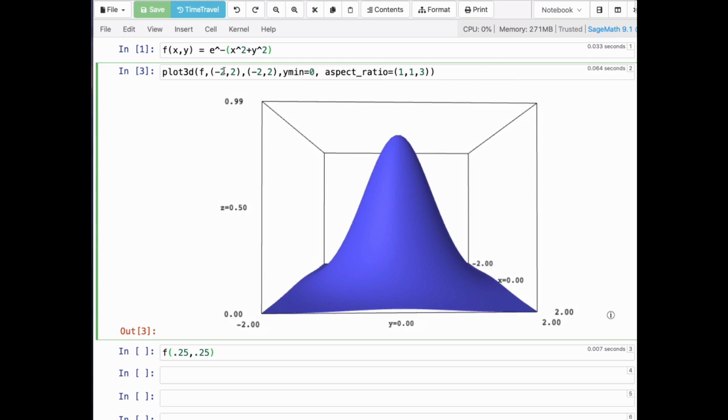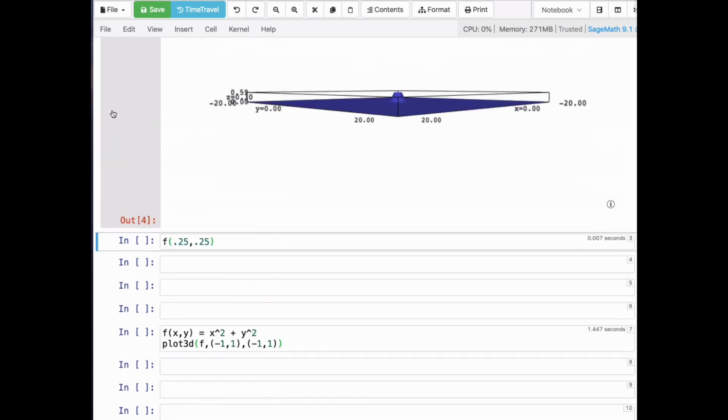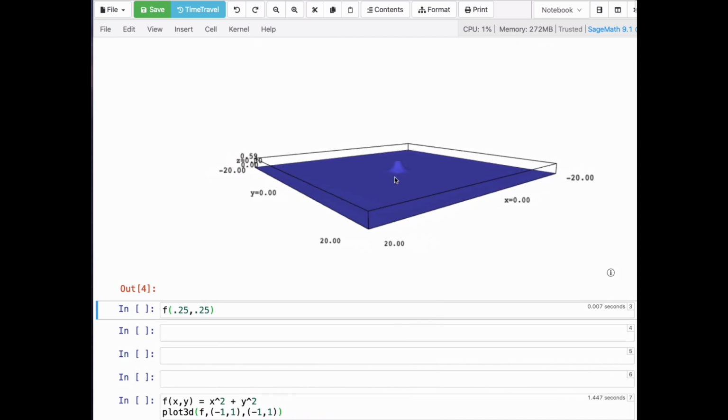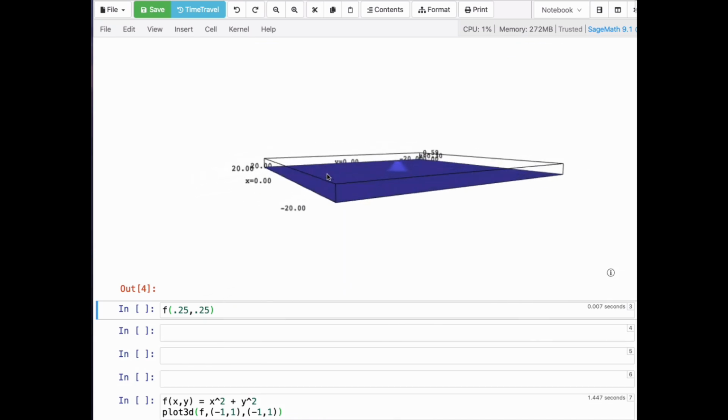And if we went further out, you'd see that it's almost identically 0 everywhere, except for that little bump in the middle, close to x equals 0 and y equals 0.